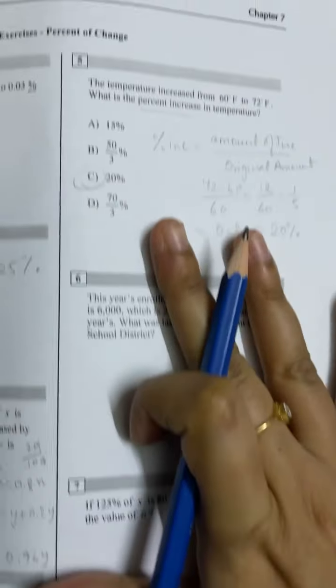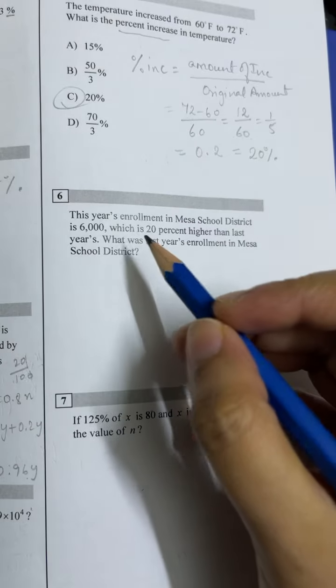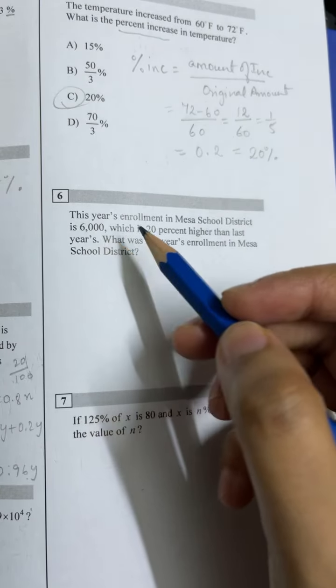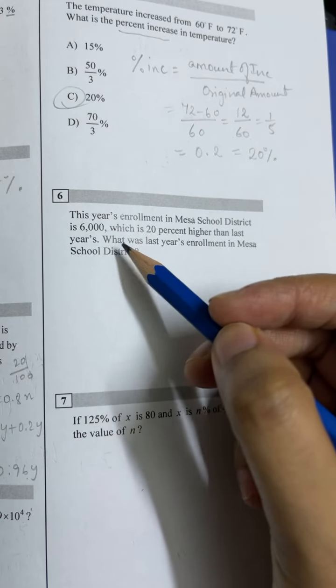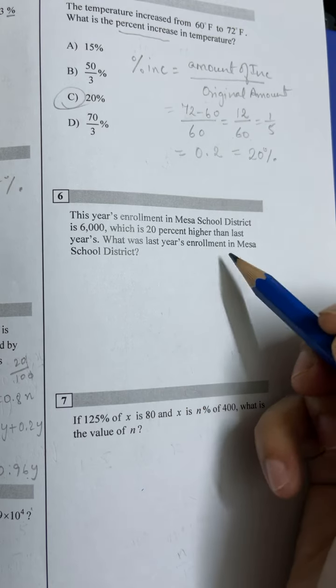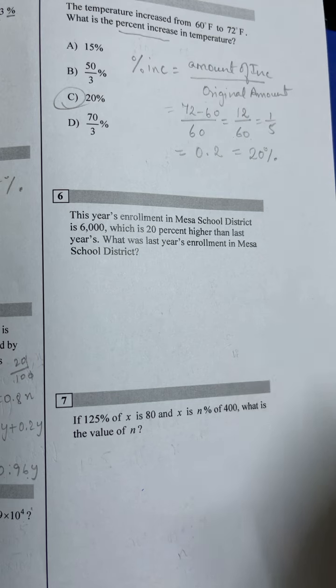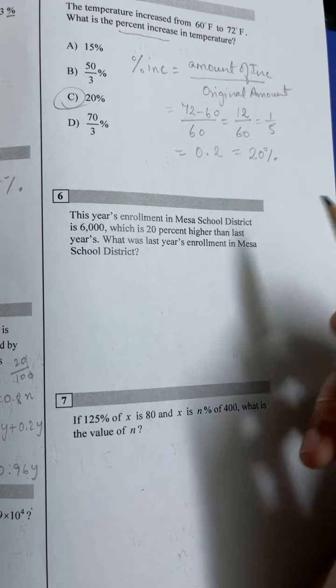Okay, let's solve question number 6. This year's enrollment in Mesa School District is 6,000, which is 20% higher than last year's. What was last year's enrollment in Mesa School District? Okay, so let us solve the question. First of all, understanding the question is very important.